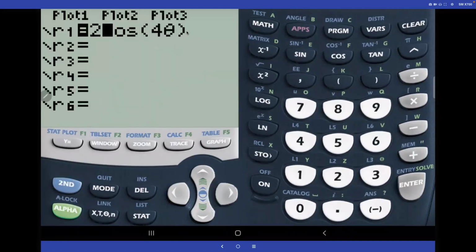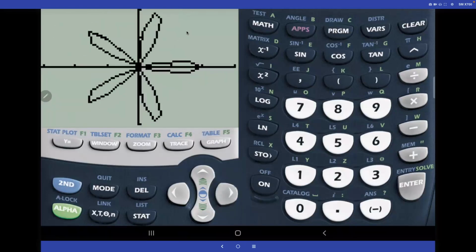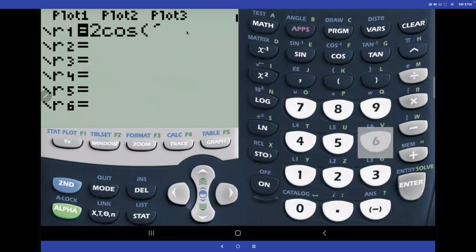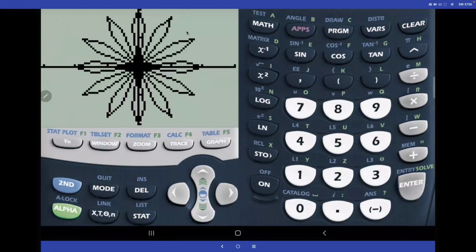But if I put in 5 theta. So basically, if you think of it as cosine n theta, if n is odd, you'll have n petals. But if n is even, you actually get 2n petals. If I go back here and make it 6, there's 12 petals in there. I know, right? You can do some really fun things.